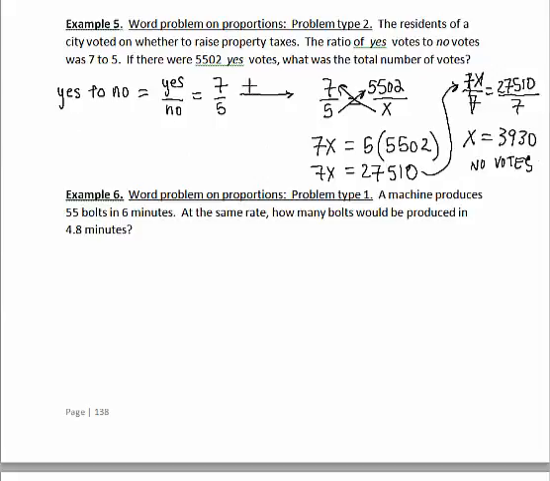Okay, and the question is, always double check your question, what's the total number of votes? Total votes equals yes plus no. The yes votes were 5,502, and the no votes were 3,930.